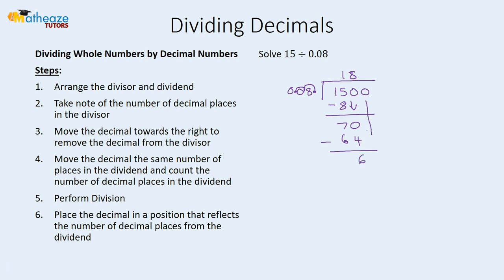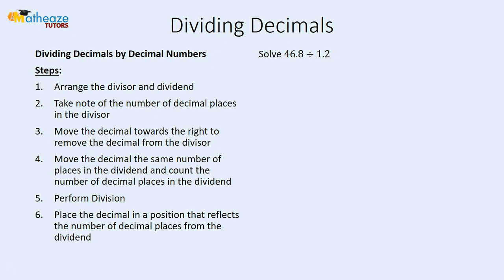We bring down the 0. 60 divided by 8, 7. 7 times 8, 56. We have a 4. 4 divided by 8, can't do it. So we put a decimal and attach a 0 here. 40 divided by 8, we have 5. 5 times 8, we have 40.